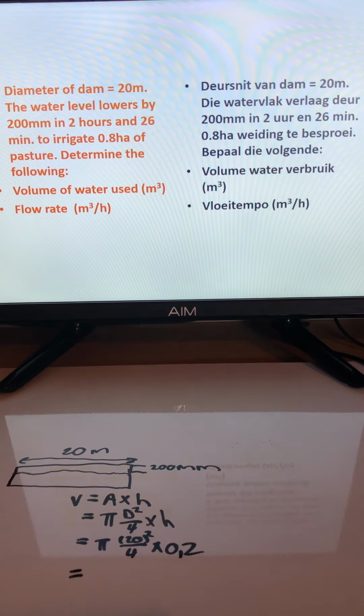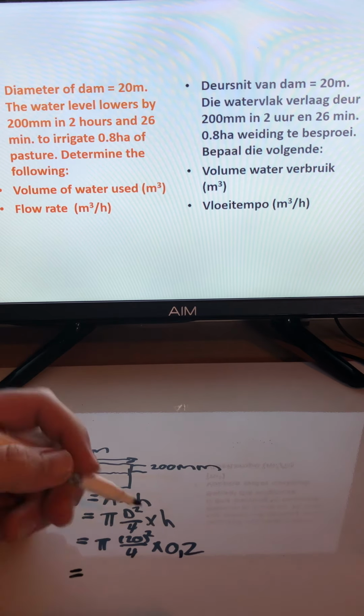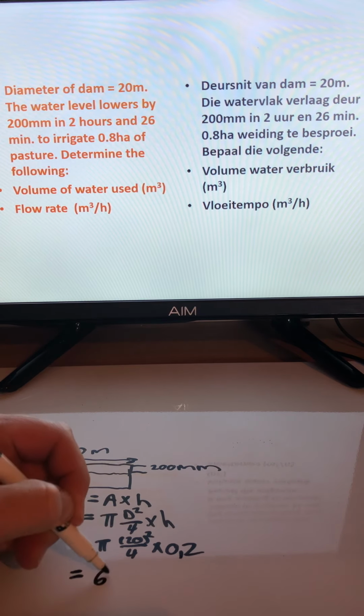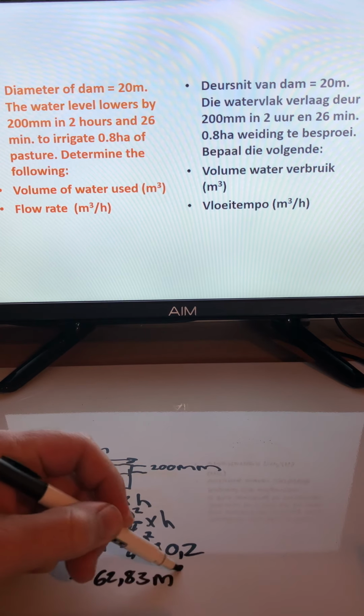That'll give you an answer of 62.83 cubic meters.